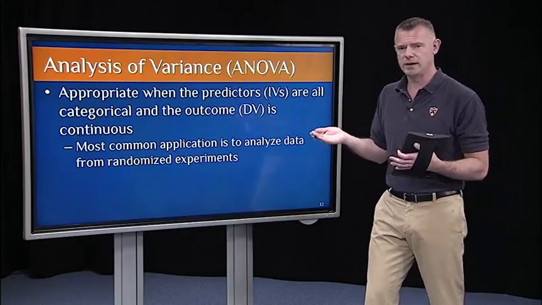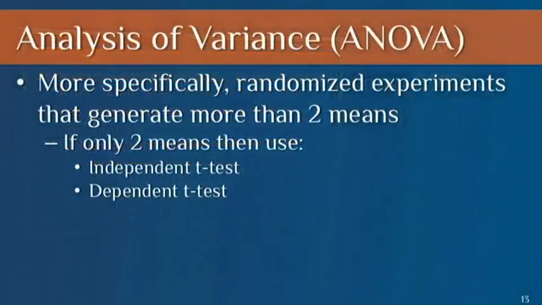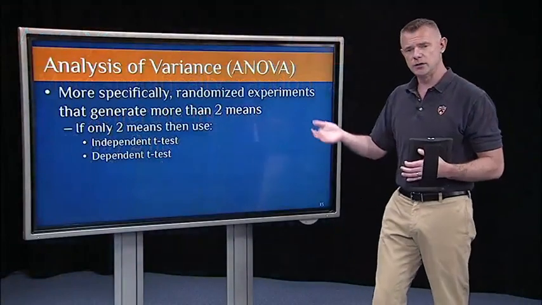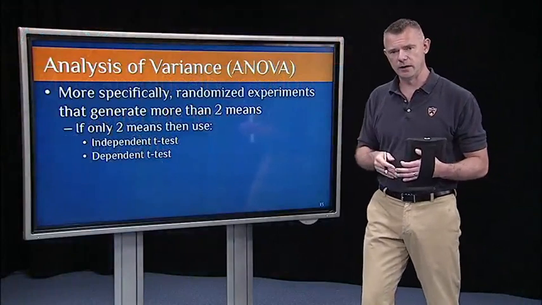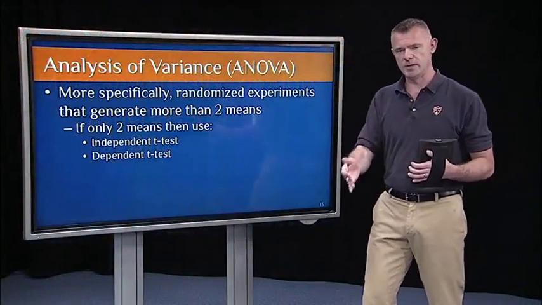But we can use it in any case where we have categorical predictors. And if there's only two levels of a categorical predictor, like think of the polio vaccine example where the children were just given either vaccine or placebo, then we could just do a t-test. We don't need to do this fancy analysis of variance. And we'll cover all of that after we cover moderation and mediation.